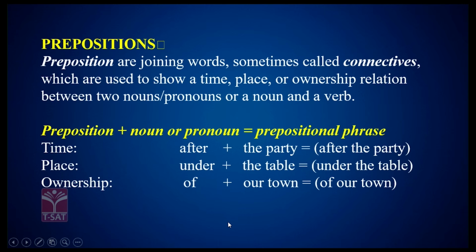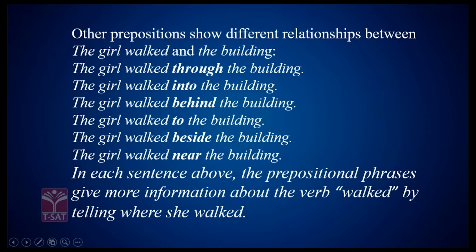When you combine them, we will have another prepositional phrase called of our town. It is very easy to identify these prepositions in a sentence because generally these are placed before a noun or pronoun. You see one particular context of how it shows with reference to the preposition, right.